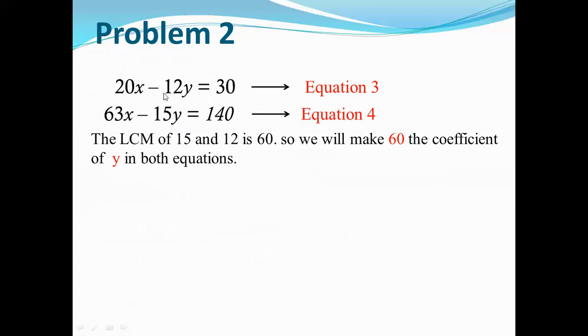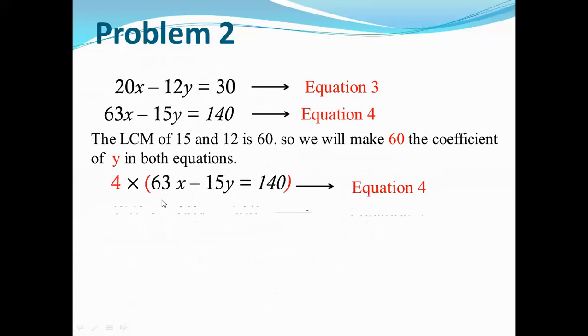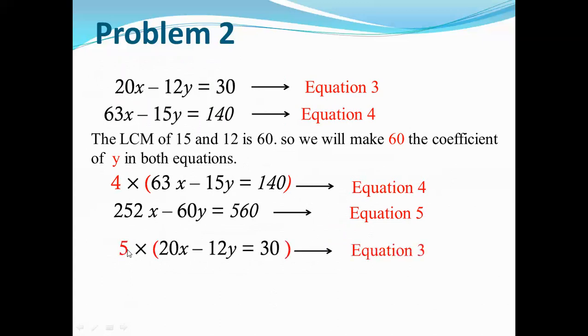To change equation 3 with the coefficient 60y, we have to multiply equation 3 by 5 and equation 4 by 4. So after multiplication, the equation turns into 252x minus 60y equals 560.